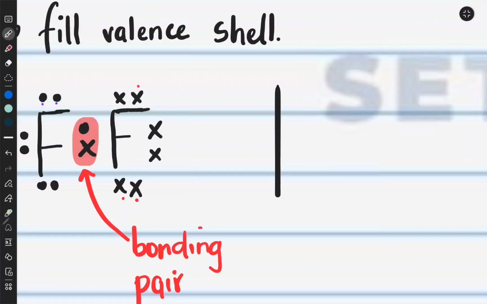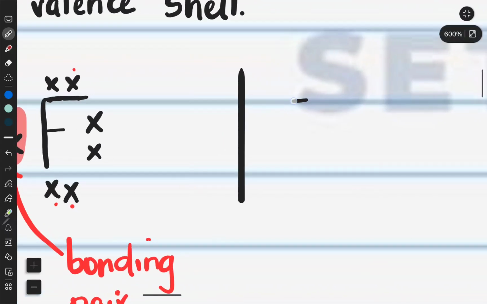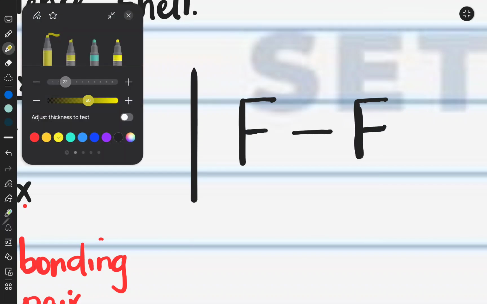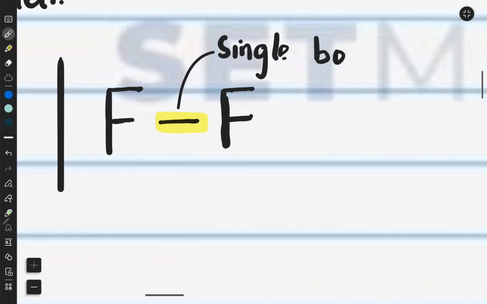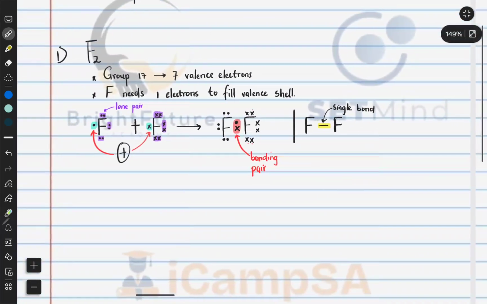If there were 2 bonding pairs, it means there would be 4 electrons, but there are 2 electrons, so there's one bonding pair. It will create a single bond that will be represented like this, using a line between fluorine and fluorine, because they only share one bonding pair.